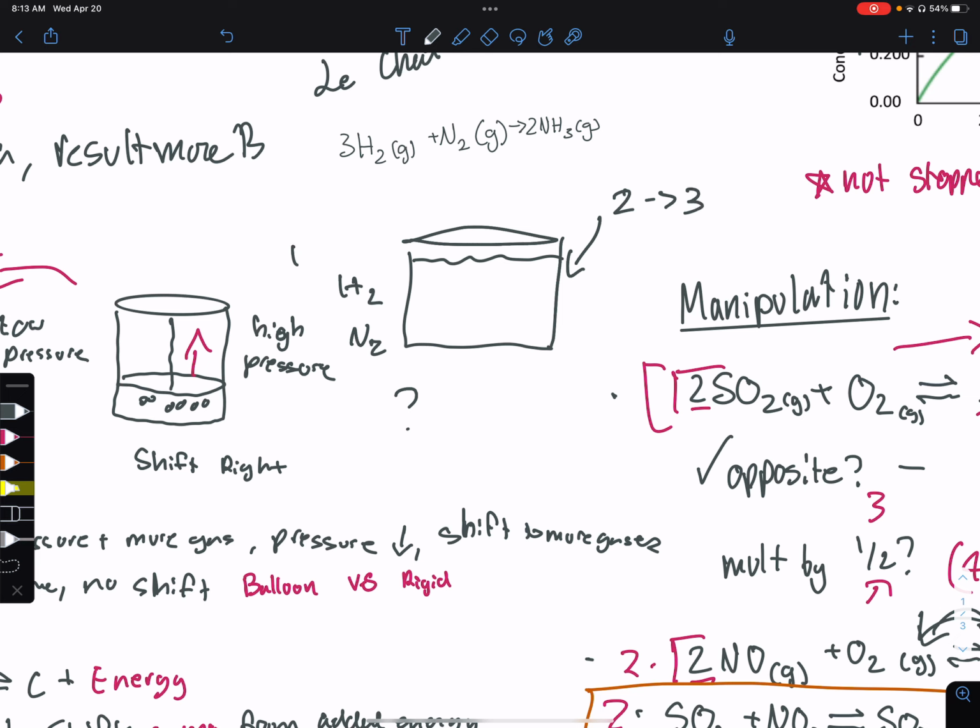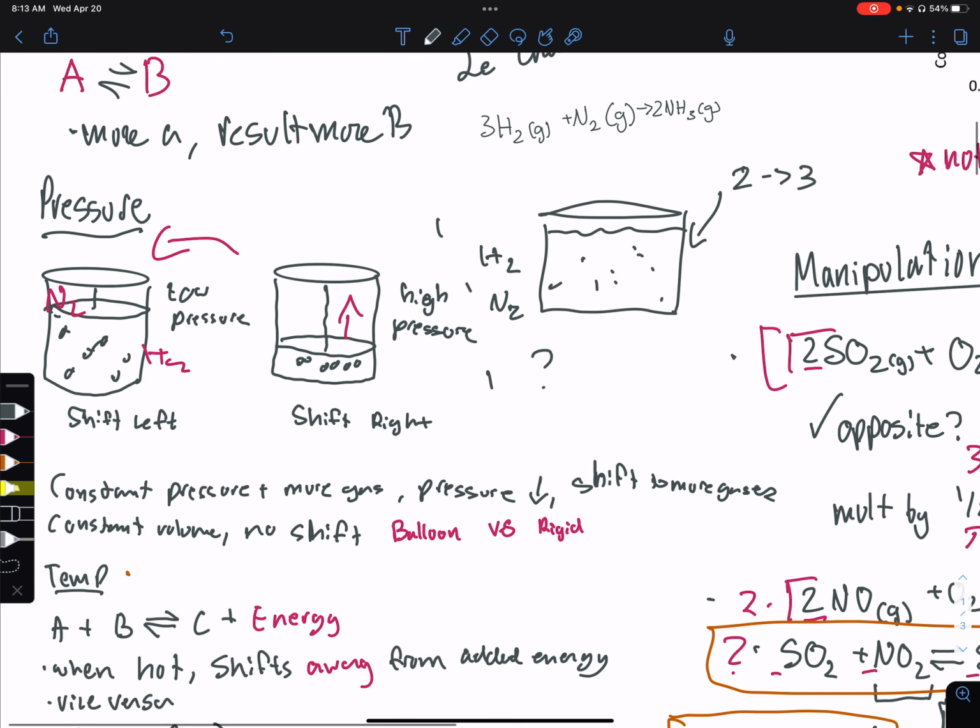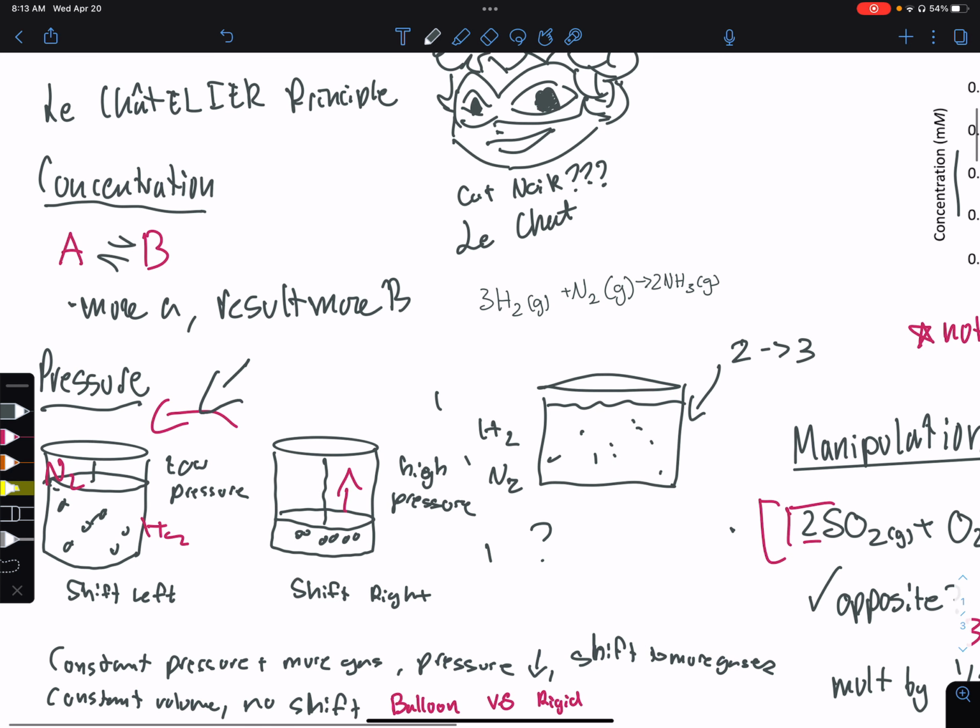So if there's one ATM of that and one ATM of that, and we added one ATM of the mystery gas, the volume staying the same, there's less space for the gas particles to move around, increasing the pressure. And when we increase pressure, obviously, you know what happens. It starts to favor the products.